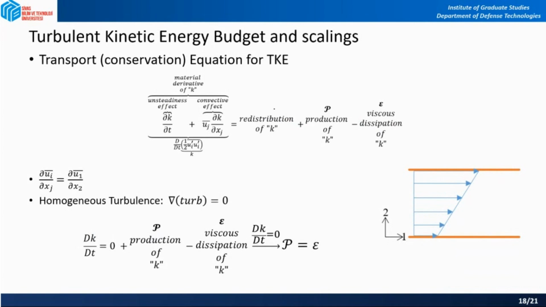So if you assume that redistribution is zero and production and dissipation are equal, one is plus, one is minus, so they will cancel out. So there is zero at the right hand side. Okay? So it's very important to understand the balancing between generation and dissipation of turbulence. And we will show that those are very much related to the scalings of the turbulence.